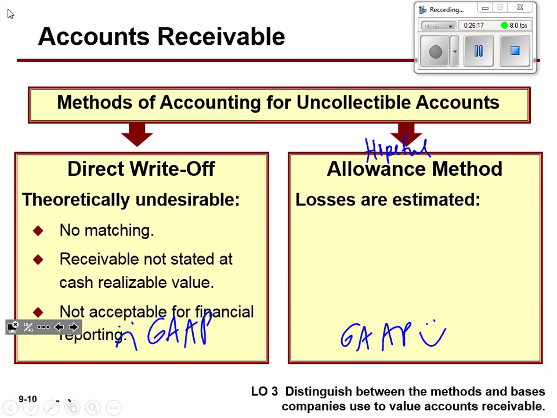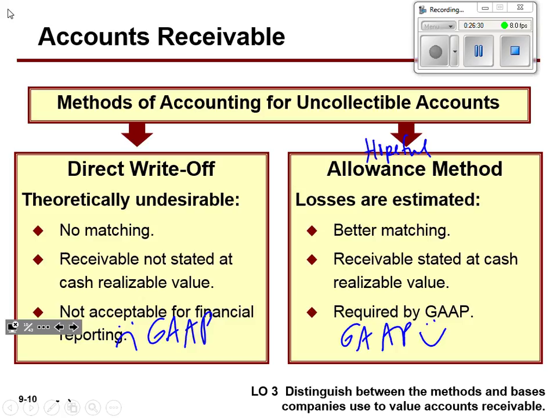It's going to make income look really good in one year and really bad in the next year. But sometimes you just have to give up on a person and eat the loss. The allowance method does have better matching. So in other words, it's matching the revenue to what it truly is, but it's much more GAAP approved.